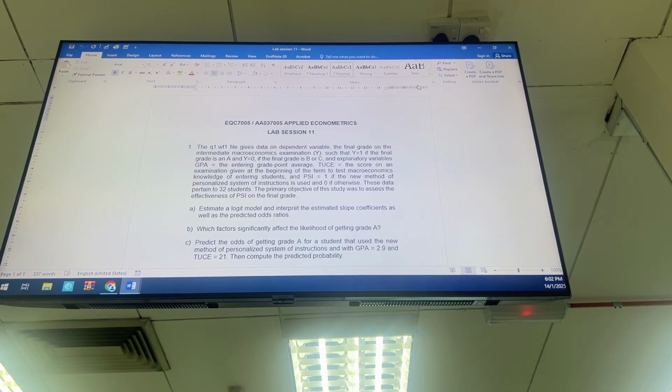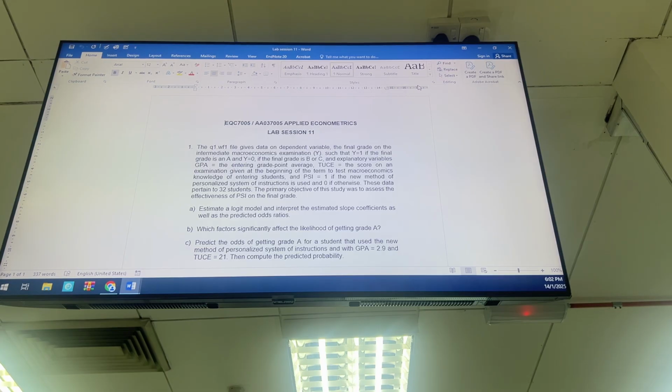Alright, so the first question. The data given in the Q1 data file has a dependent variable, which is denoted by Y, so use the Y symbol for the dependent variable. It is the final grade on the intermediate macroeconomics examination, whether A or not A. In this case, remember, logistic regression requires a binary dependent variable, either 1 or 0.